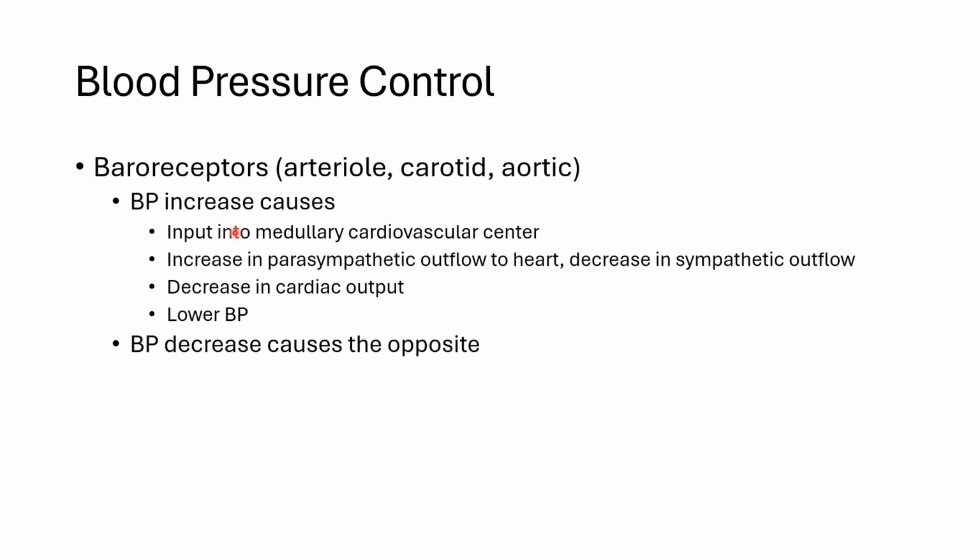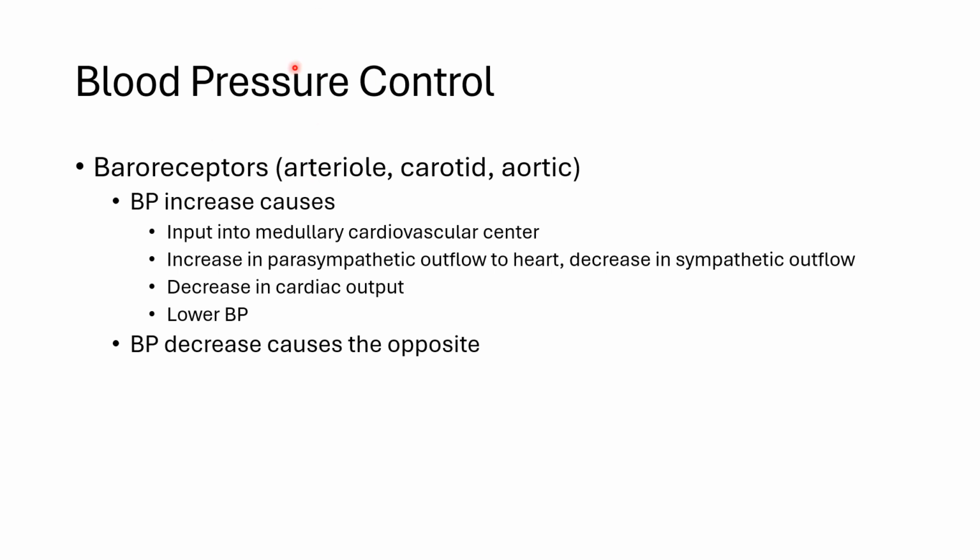So instead of the input saying to the medullary cavity, we need to slow this person down, this is a fight or flight situation. If the opposite were true, then you're going to raise the blood pressure by inputting into the medullary system, sending information to give a decreased parasympathetic response and an increased sympathetic response, so that you have an increase in cardiac output and an increase in blood pressure.